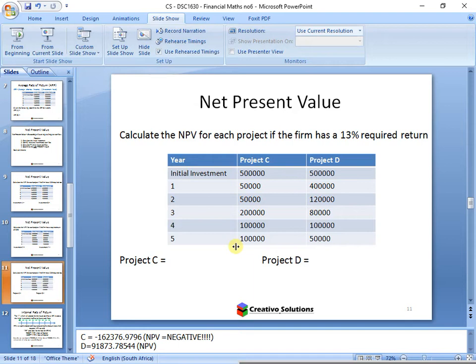D. Yeah, D is clearly the better project because D yields a return that's greater than the cost, and it's positive in terms of NPV.